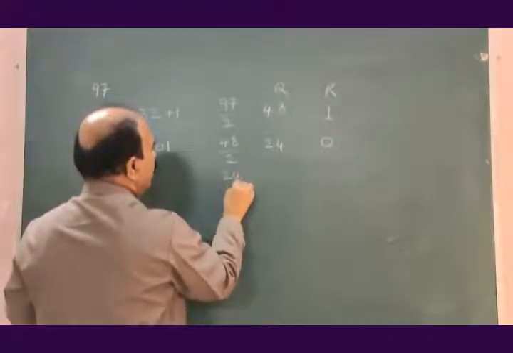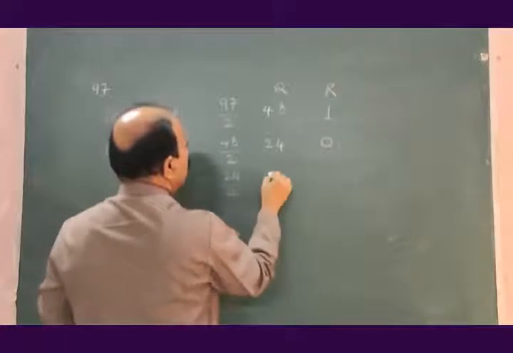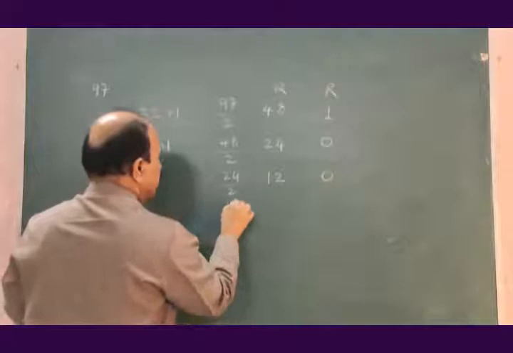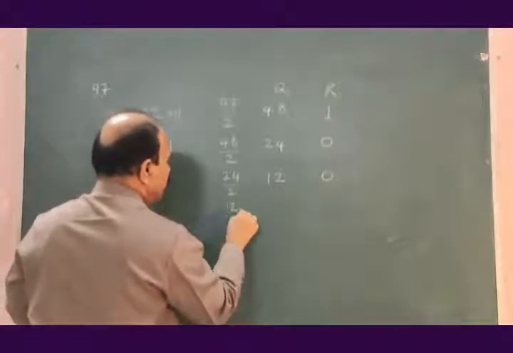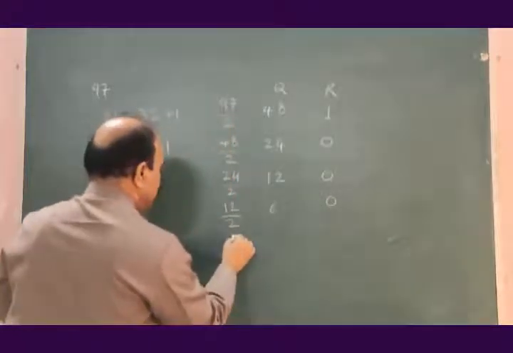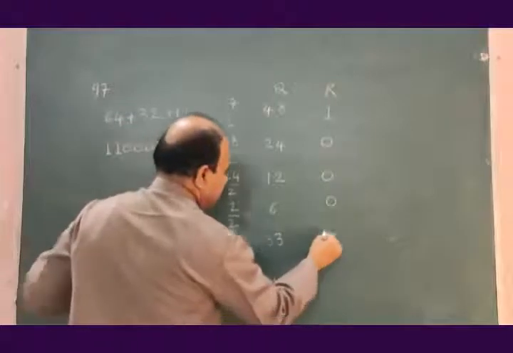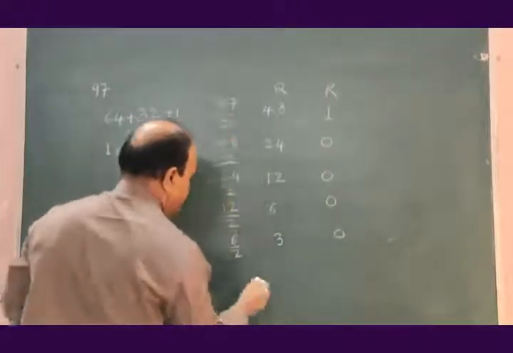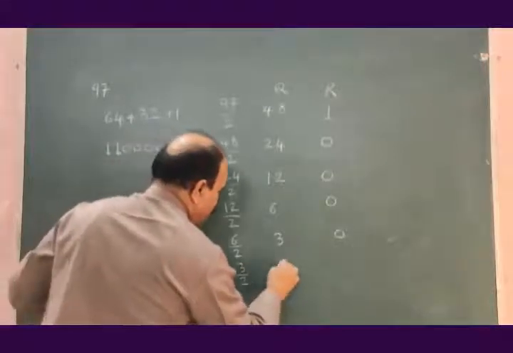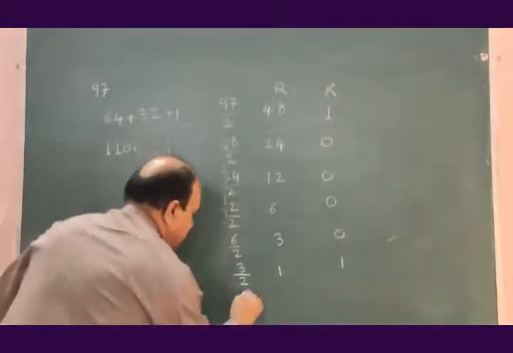Divide this 24 again by 2. 2 1s are 2, 2 2s are 4, remainder 0. Divide this 12 by 2, 2 6s are 12, remainder 0. Divide this 6 by 2, 2 3s are 6, remainder 0. Divide this 3 by 2, 2 1s are 2, remainder 1.